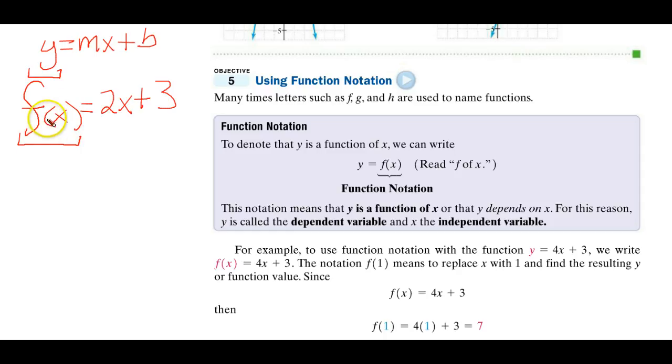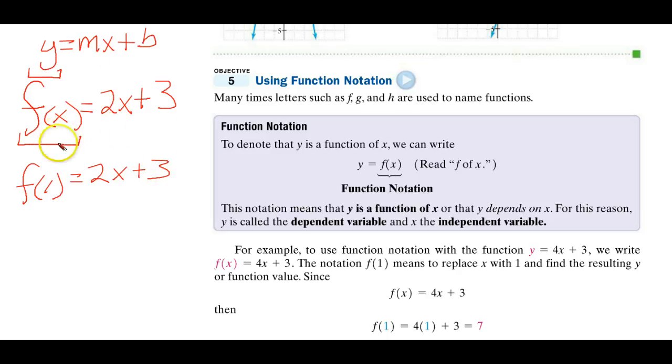Now, a couple of things to keep in mind: the parentheses here do not indicate multiplication. This is just indicating our x value. So, if we were to say f of 1, what would that mean?